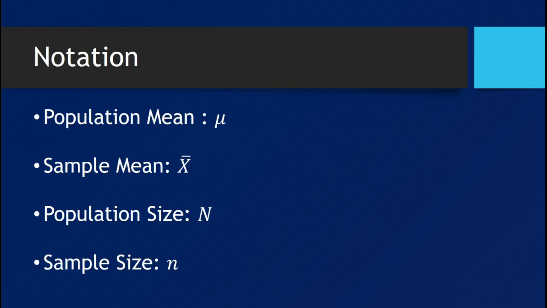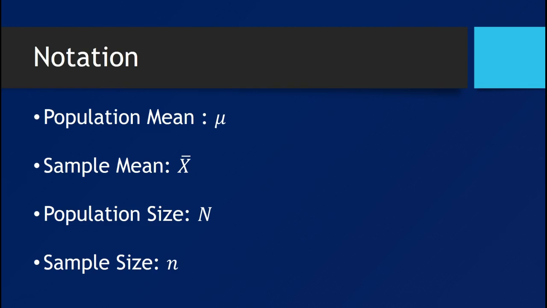Now, I want to give you some notation really quick here. Because mean takes into account every single value from the data set, it's going to be the most important measurement of central tendency that we'll use in this class. And so we're going to have a shorthand notation for mean.